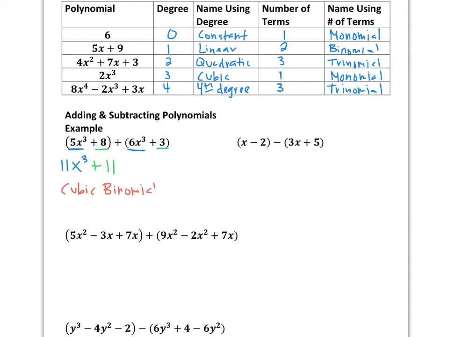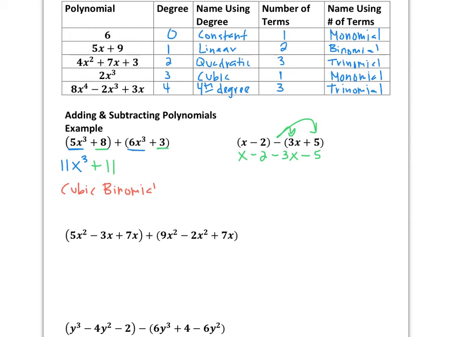All right, now a little different when we're doing subtraction here. Okay, we're doing subtraction, I need to distribute my negative sign inside my parentheses there. So this then becomes x minus 2 minus 3x minus 5.